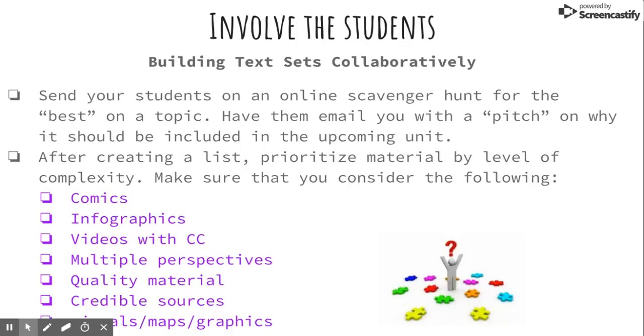Now, trust me, there's a lot more things to consider than what I've put up here. But don't rule out comics, infographics, videos with closed captioning. Make sure that when you are providing your students with materials, you are showing multiple perspectives of a topic because they need to see various points of view.